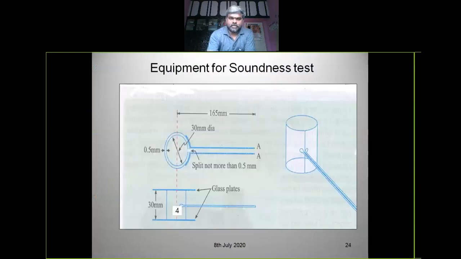Next, soundness of cement. The equipment required is the Le Chatelier apparatus, right? Which has a split and a hole. This is a cylindrical mold to hold the cement, and these are two glass plates we'll put here.